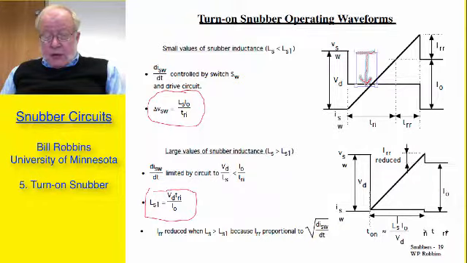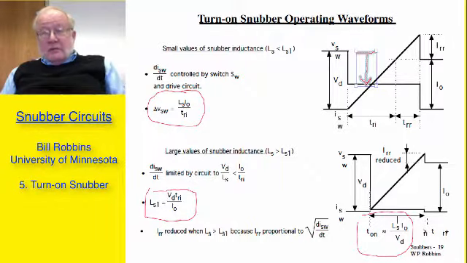Your on time is given by this equation, and the larger the value of Ls, the longer this time is, and thus the slower the rate of rise. This is a protection measure you may want to take in certain critical devices like GTOs, for example, where you have to limit the rate of rise.